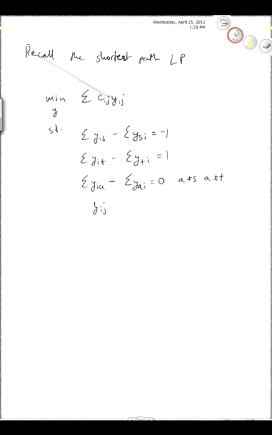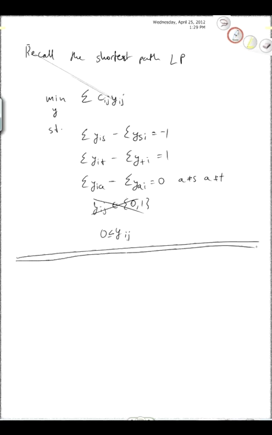And then originally when we wrote this, we wrote that the Yij's had to be 0 or 1. But then we said you can actually drop that constraint and just say that the Yij's are bigger than or equal to 0. To see why, let's first rewrite this linear program in a form that's quite familiar from your linear programming class.